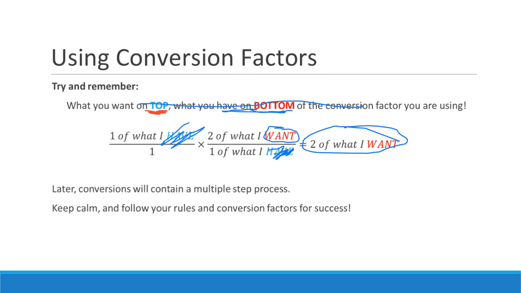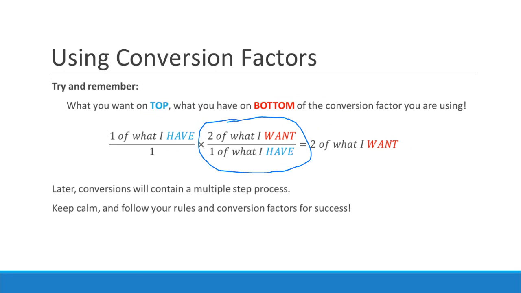As long as it's a standard system of measurement, and as long as you are using a conversion factor here in the middle correctly, then this works every time. What I have is going to cross out. What I want is going to move forward. Keep that in the back of your head as the method that we're applying through any of these conversion factors.